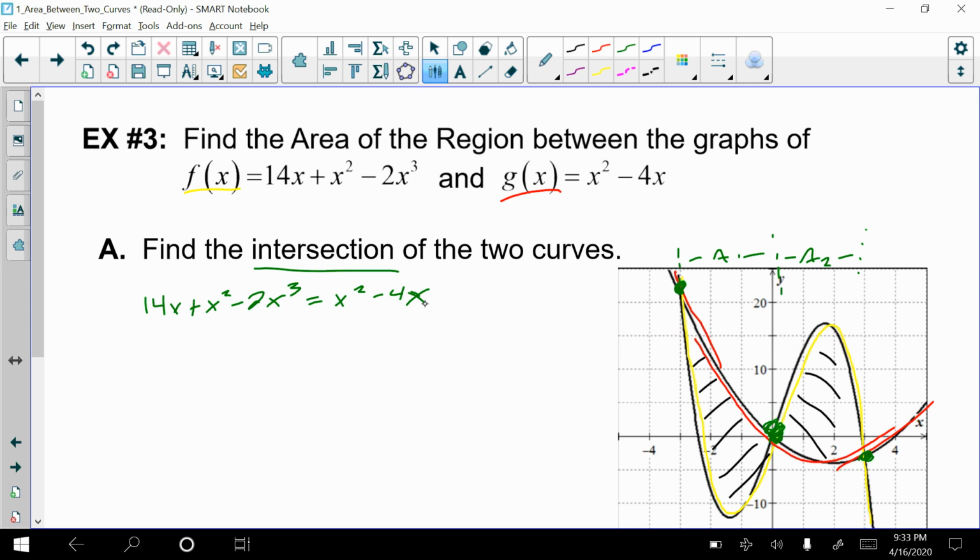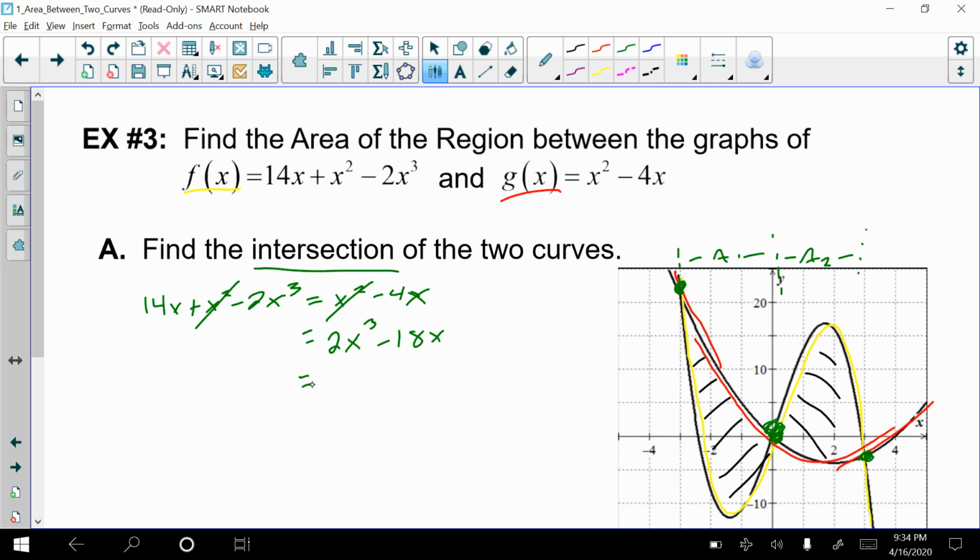The x cubed term is the overall largest, and because it's negative on the left side of the equal sign, I'm going to move it to the right side, giving me 2x cubed. The x squared terms cancel when I move them across the equal sign, and when I move the 14x over, it gives me a negative 18x when it combines with the negative 4 on the right side.